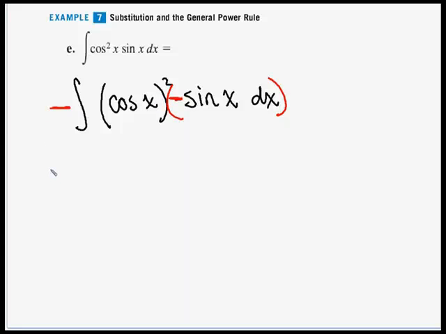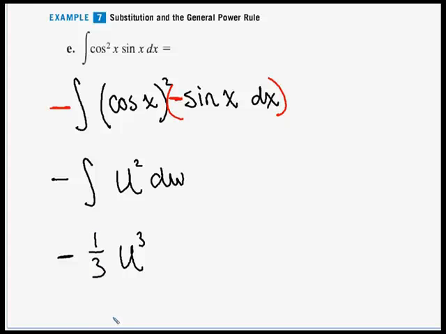And let's write this in u notation. So we're going to have our negative antiderivative. This will be u squared. And then this becomes du. So take the antiderivative. Negative stays. That's going to become u to the 3rd divided by 3, or times a 3rd, plus our constant.